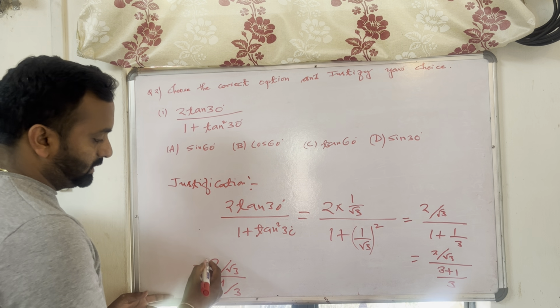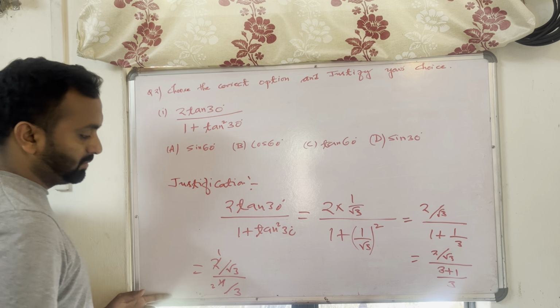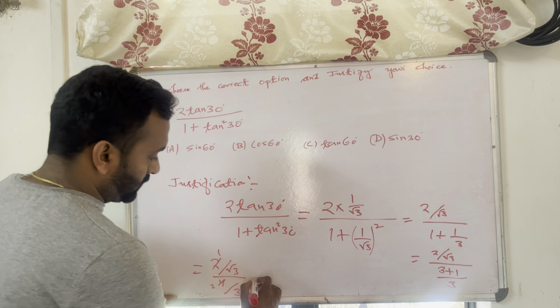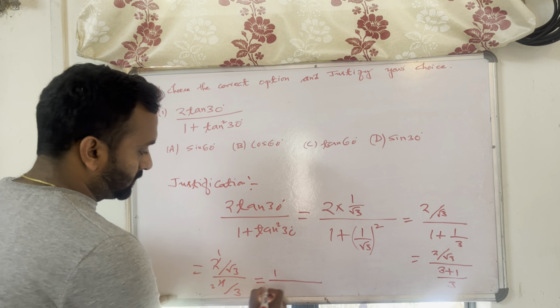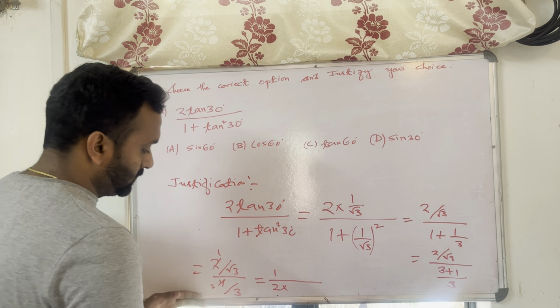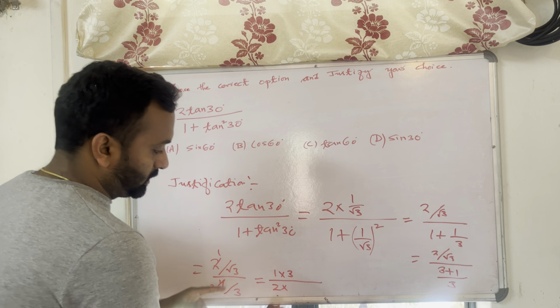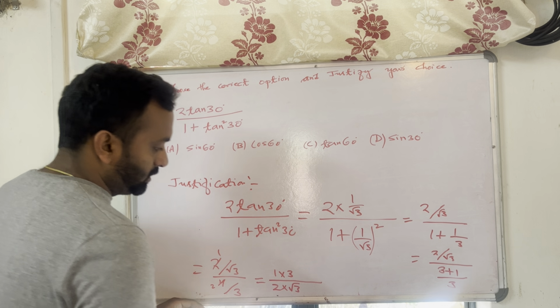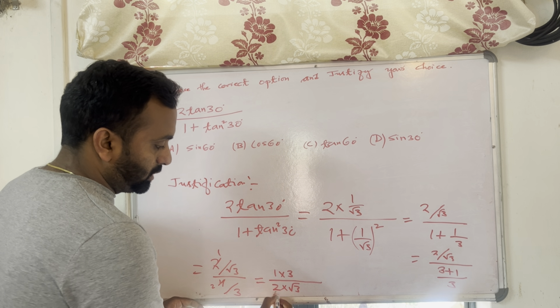You know 2 by 4 gets cancelled, so here there will be 1. The root 3 in the denominator remains in its place, so this 3 will go up and the 4 will go down. So I am getting 1 into 3 by 2 root 3.